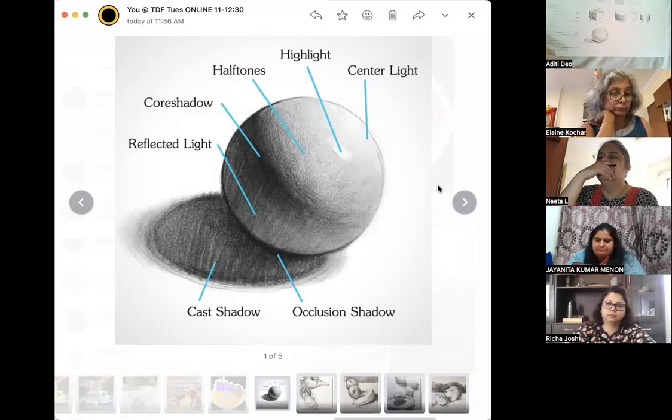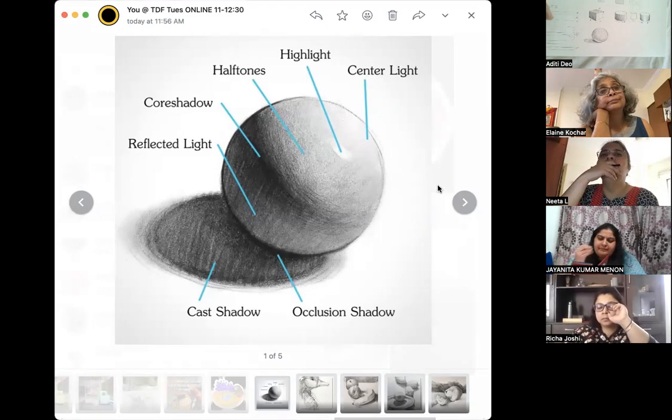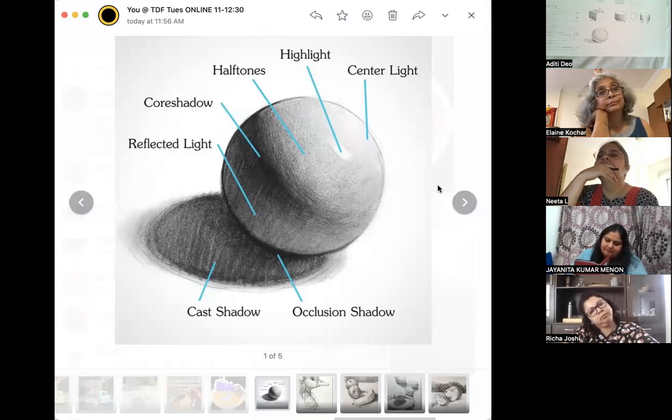So we'll do more of this next week. But you can see how they have divided the shades into so many different types of shadows. So you have a highlight, then you have a center light, you have these half tones, the core shadow, reflected light, occlusion, and cast shadow.